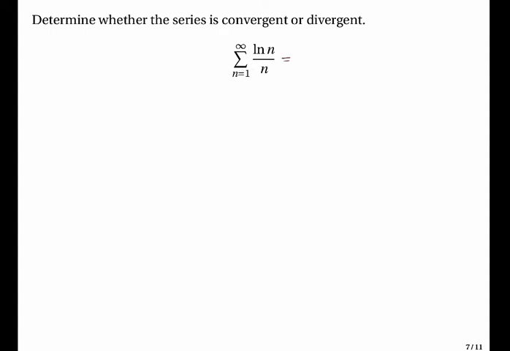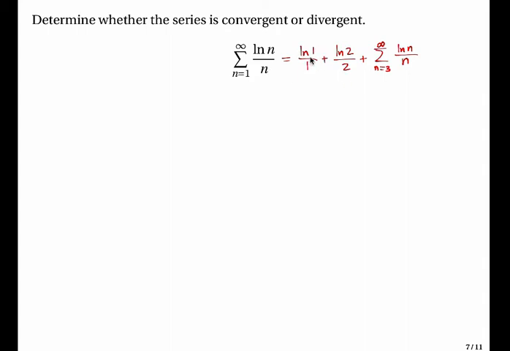This series can be written as ln of 1 over 1, plus ln of 2 over 2, plus, starting from n equals 3, the infinite series sum from n equals 3 to plus infinity of ln of n over n. So why do I need to rewrite this series into this form?